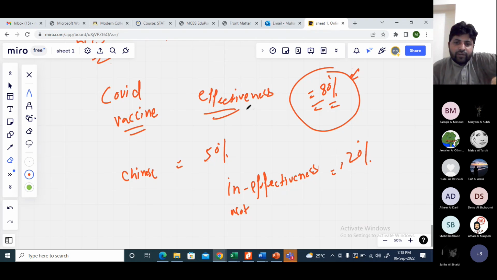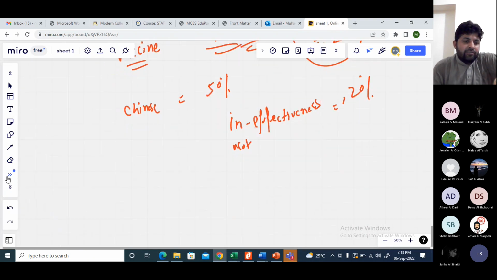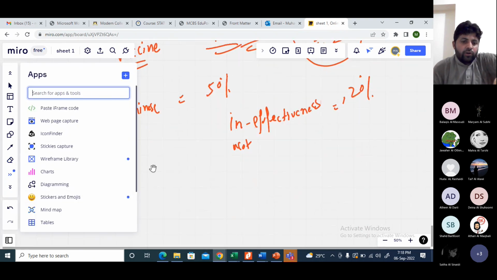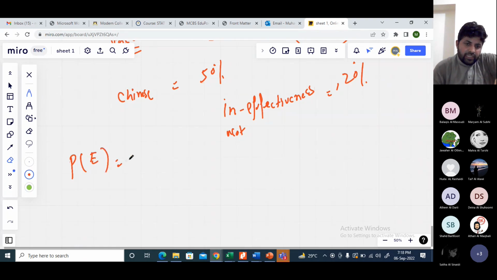So, for example, if your objective is to calculate the probability of effectiveness, you can write the probability of effectiveness is 80%, or you can write 0.8.